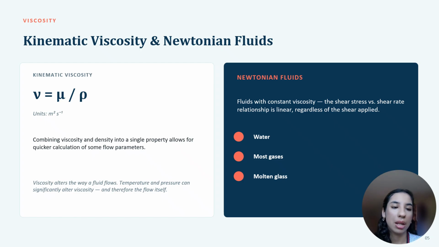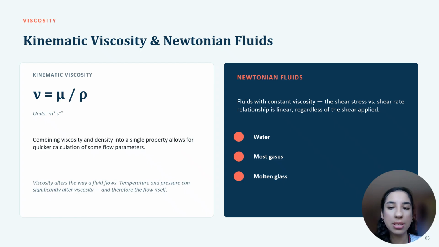Now that little v is our kinematic viscosity, and we can calculate it by mu over rho. So both mu and rho have the same units, which means kinematic viscosity is going to be constant. Wait, am I right? I'm actually not sure, but yeah, whatever.